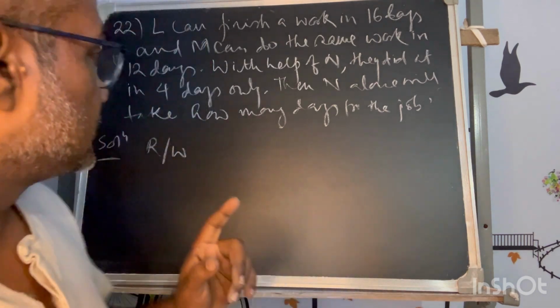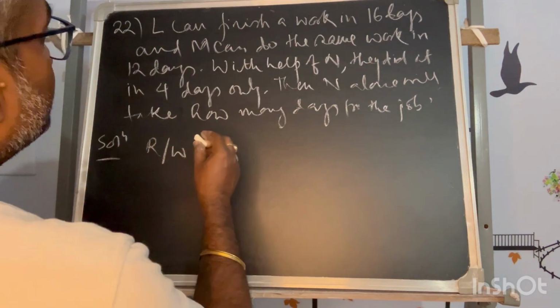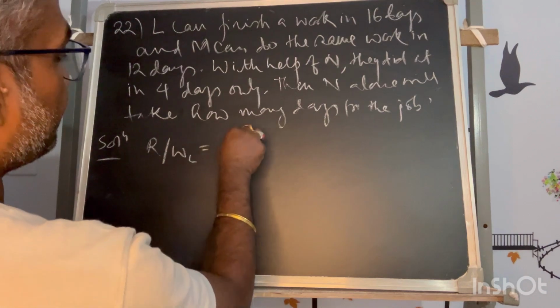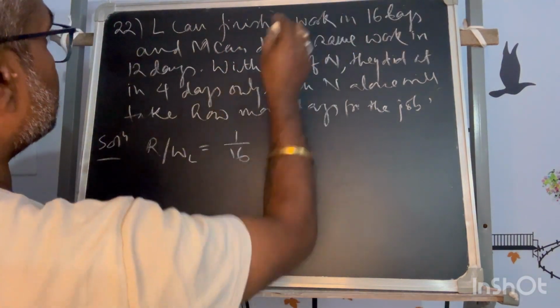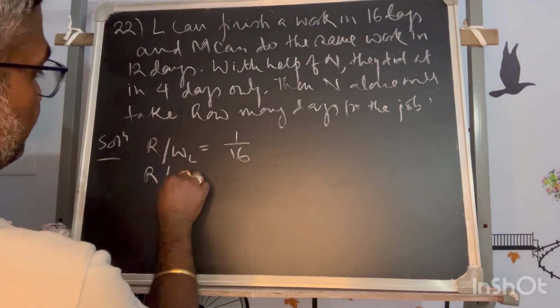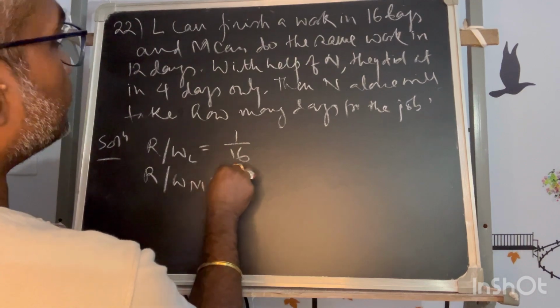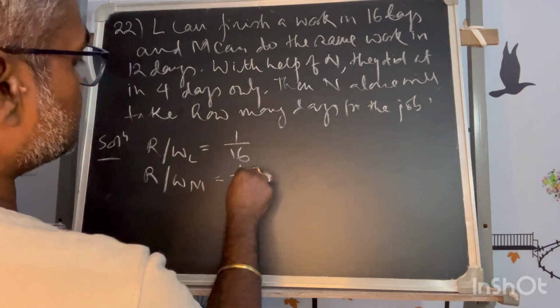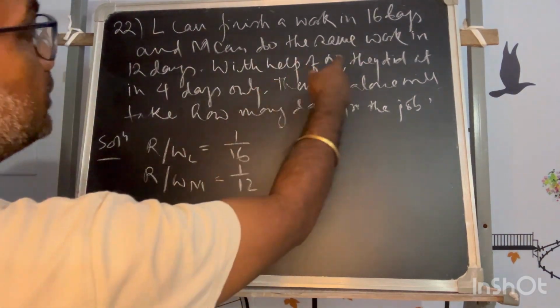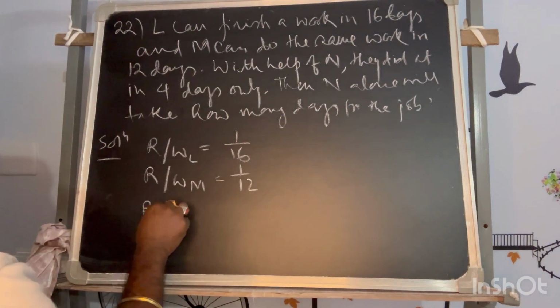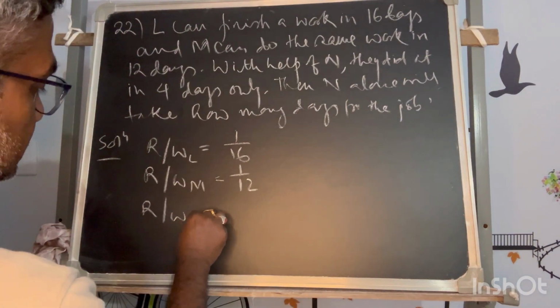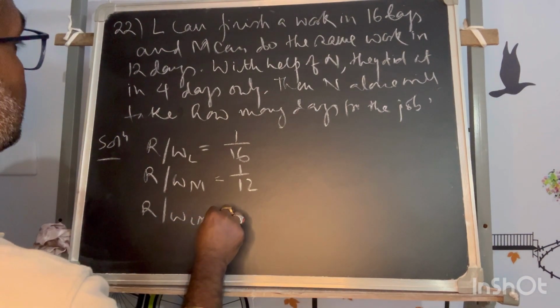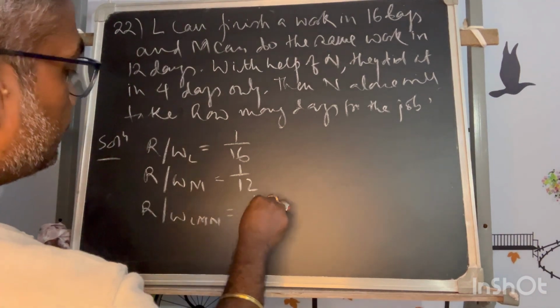Okay. So in this case also the rate of work of L is 1 by 16 if alone, and the rate of work of M when he is doing individually is 1 by 12. With the help of N, that means when all three are working, their rate of work is 1 by 4.